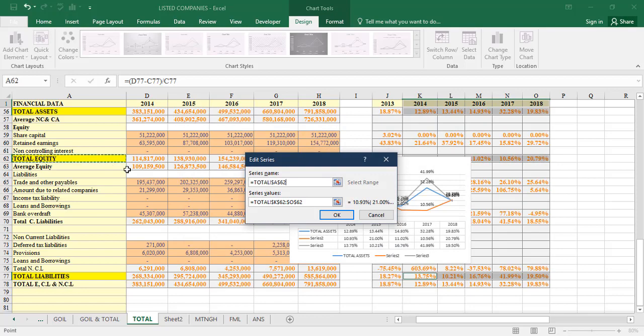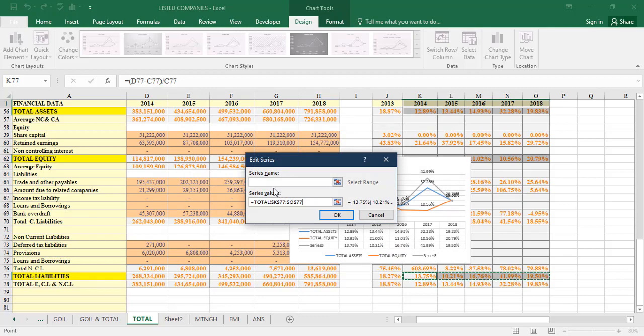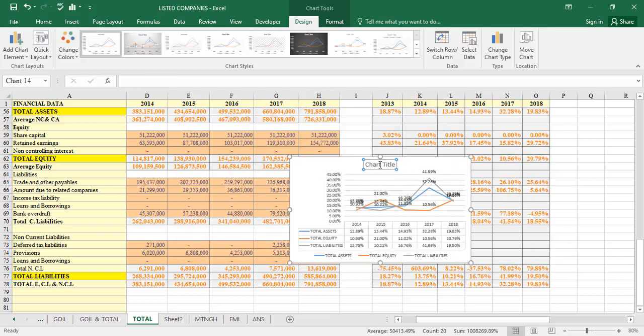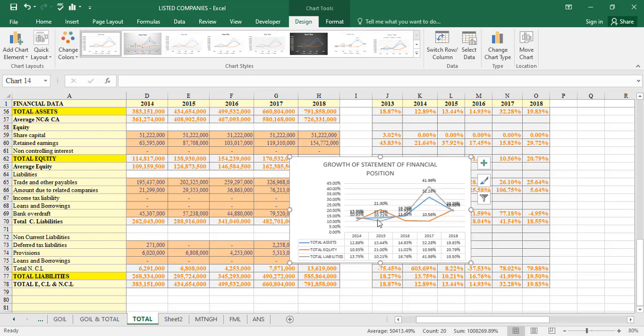So we have total equity here, then we have total liabilities here. So we rename it as growth of statement of financial position.